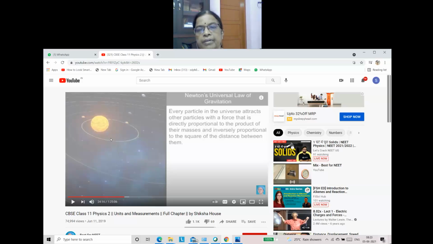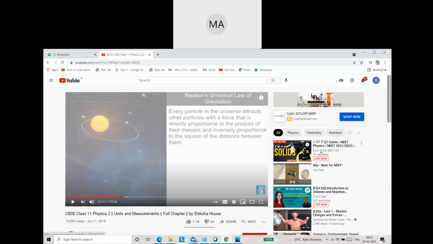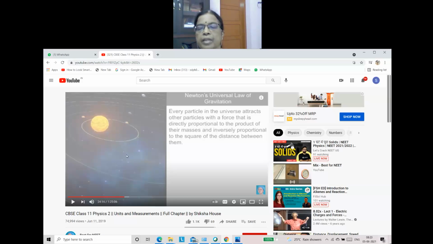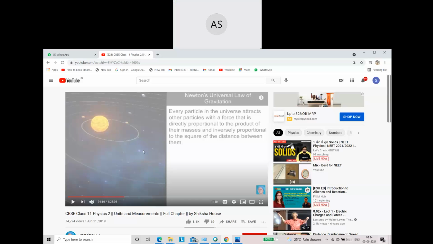And I showed the figure also. It is a weighing machine. Another: common balance. Electronic balance. Okay. All these are used to measure mass. What is the SI unit of mass?